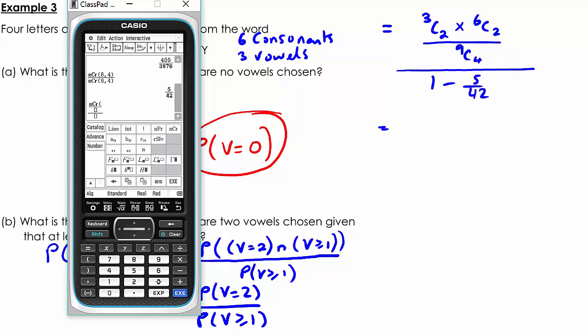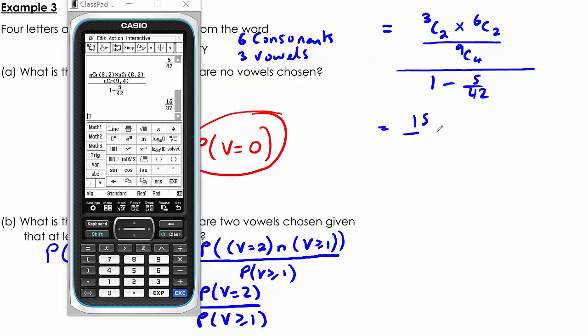So we need 3C2, and we need to multiply that by 6C2 and divide that by 9 choose 4, and then underneath here we'll have 1 take away 5/42. So that gives me 15 out of 37.